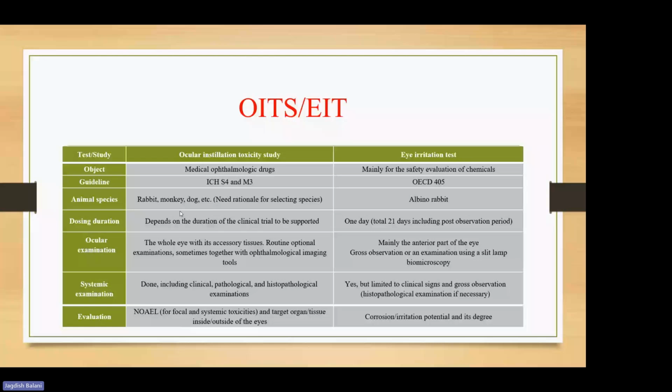Systemic examination includes crucial pathological and histological examination. And in these ocular studies, you have to define two NOELs: one for local and one for systemic. Sometimes you cannot get both, but if it's possible, you can define both the local as well as the systemic NOEL.